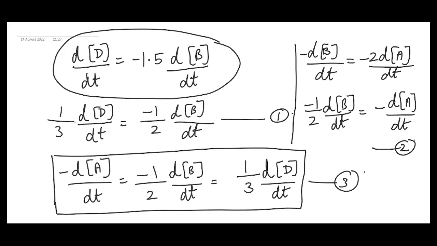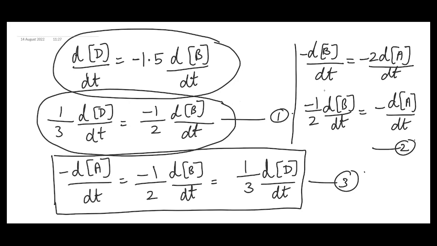By rearranging, writing the term 1.5 as 3 by 2 and bringing 3 to the other side, so that we write it in the form of the rate law equation, we get this equation: 1 by 3 times dD by dt is equal to minus 1 by 2 dB by dt.